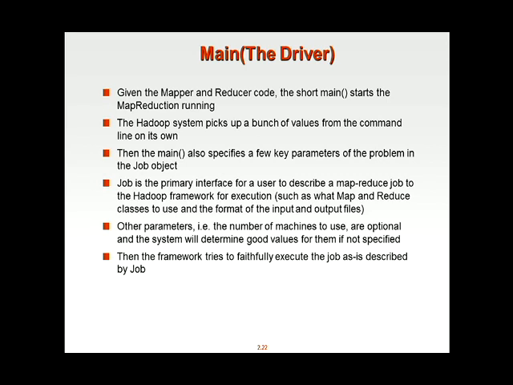This job object is the primary interface for you to describe the MapReduce configurations, in order to make the Hadoop framework execute your job according to these configurations. The other parameters, such as the number of machines to use, are optional, and the system will determine some default values for you if they're not specified. And then the framework will try to execute the job.